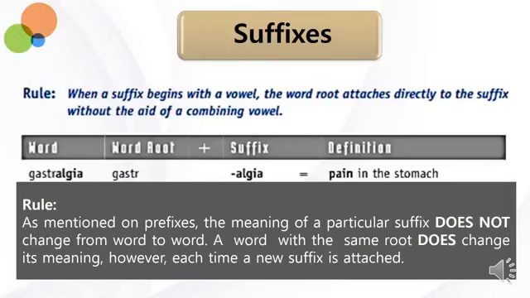As I have previously used different prefixes with the same word root and had different definitions in different words, the same rule applies with suffixes. I can have the same word root and attach different suffixes to it to have different words and different definitions. Let's apply this rule.